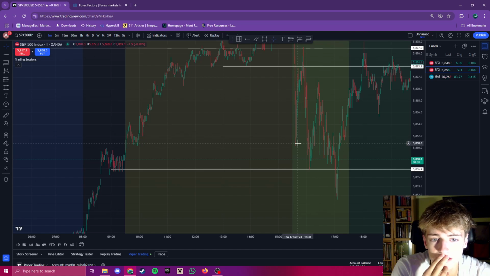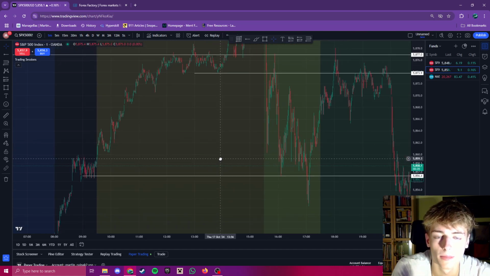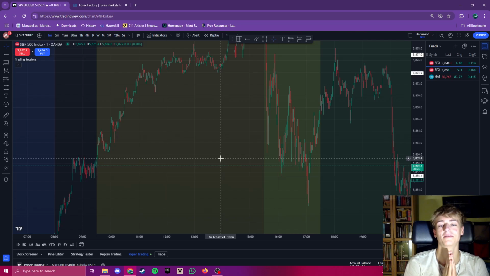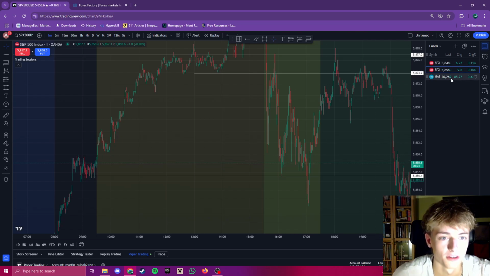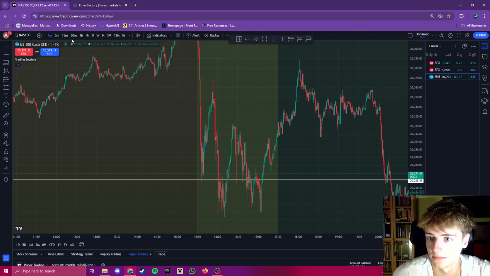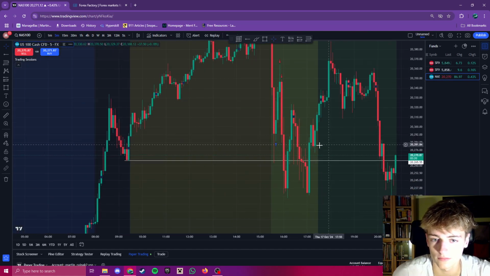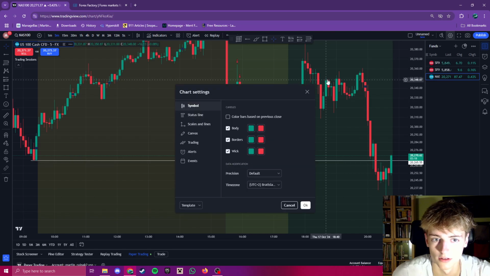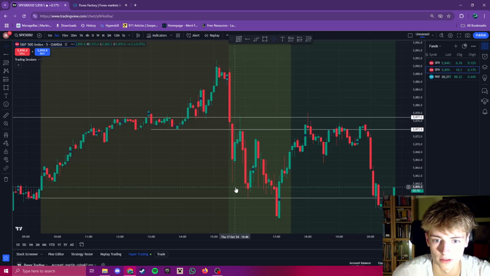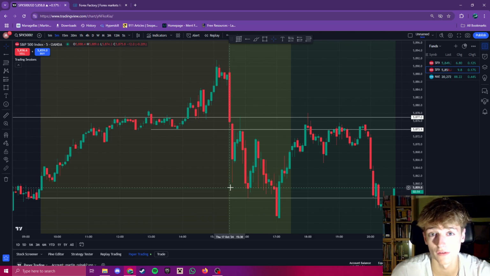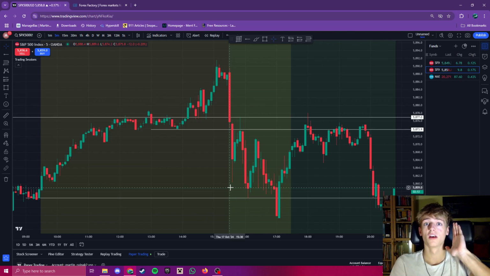This is why I don't understand S&P divergence. Okay, so we sweep liquidity on NASDAQ, right? We swept it here in this candle. We don't sweep it on the S&P. So according to S&P divergence, we're supposed to see a trend reversal to the upside.